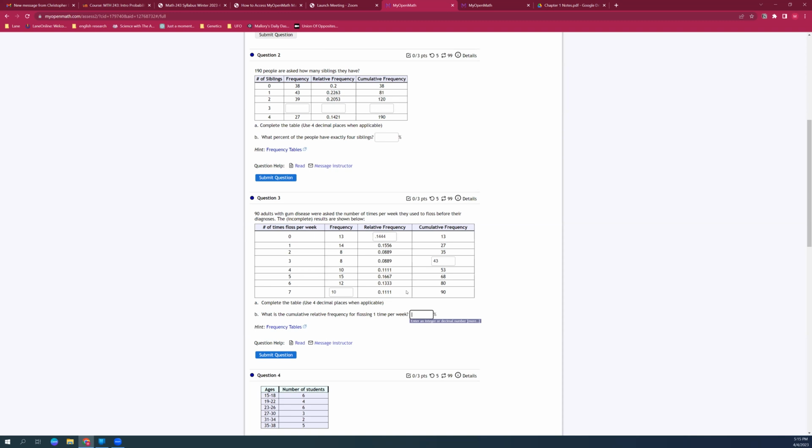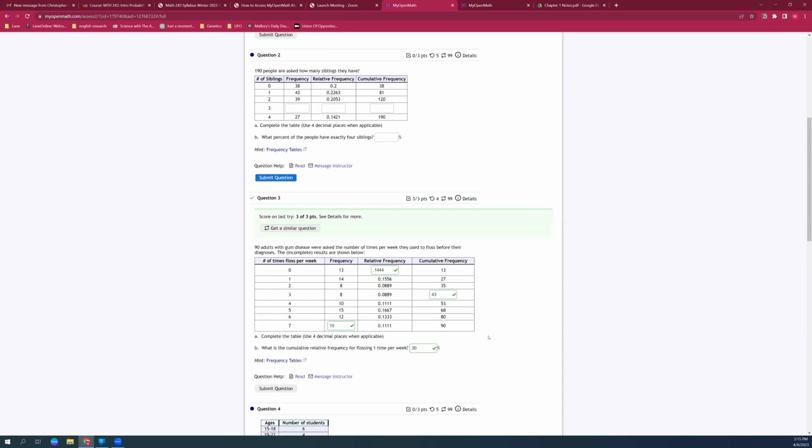But you only have to add the first 2 numbers, which is fortunate. Like 0.3. Yeah, but now you're going to put it in percent form, so 0.3 would be what in percent? 30%. Yeah. Cool, there you go.